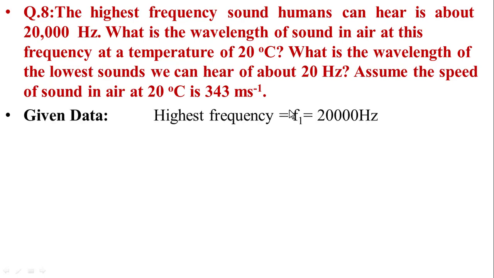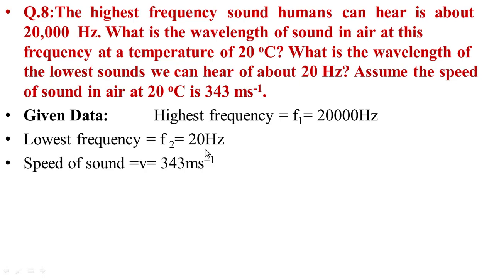First of all, write the given data. Highest frequency F1 is equal to 20,000 Hz and lowest frequency F2 is equal to 20 Hz. Then the speed of sound is equal to 343 meters per second.